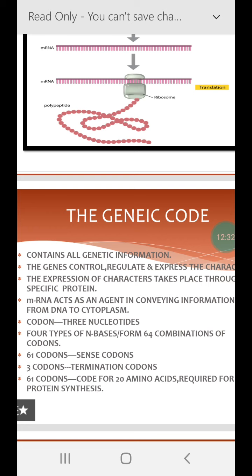So the DNA contains all the genetic information of an organism, and the gene is a segment of DNA. An mRNA molecule is formed on DNA, which later helps in the construction of the protein molecule, that is a polypeptide chain, as we have just seen. Therefore the messenger RNA acts as an agent in conveying information from DNA to the cytoplasm.